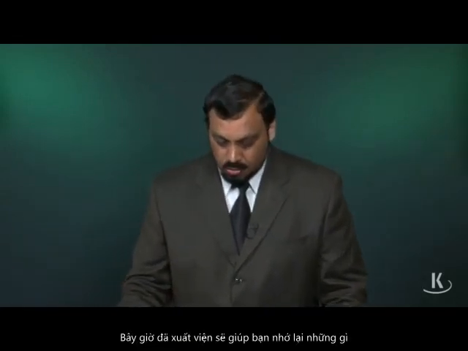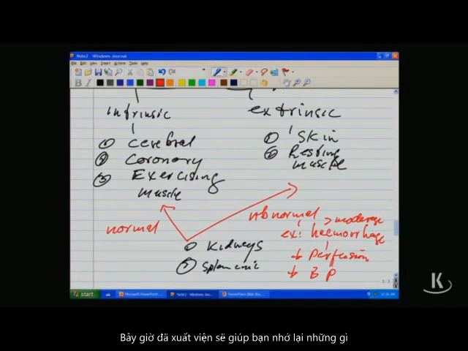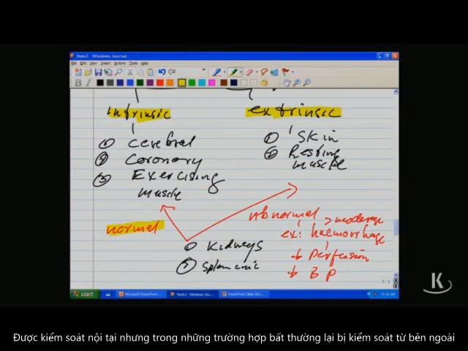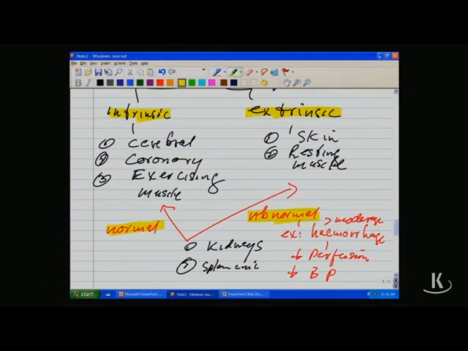Now this chart should help you to remember what we want you to remember in terms of blood control, especially the fact that the kidneys under normal circumstances are intrinsically controlled, but under abnormal circumstances are extrinsically controlled.